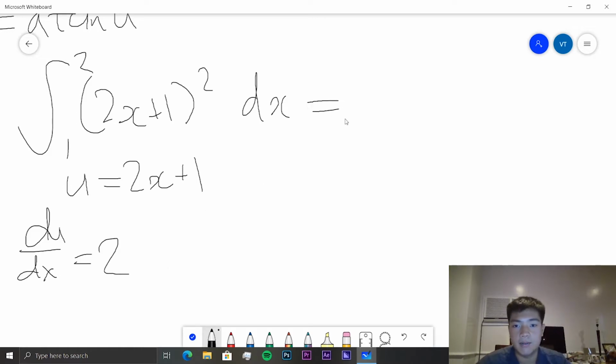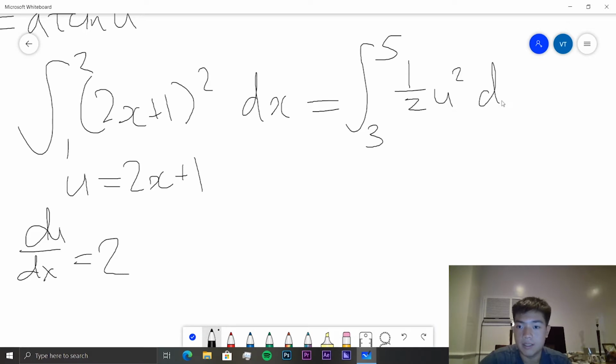So we need to substitute this limit into here. So this would be 5. The new limit is 5 and 3 of 1/2 u squared du. And so we can solve this directly.